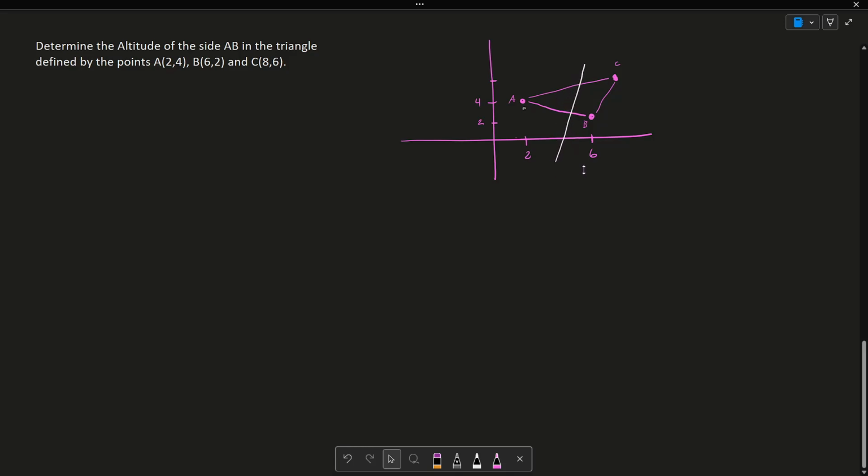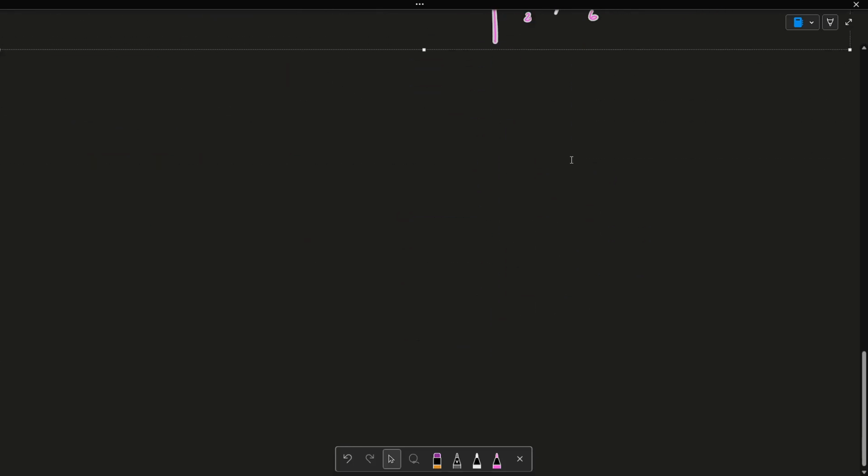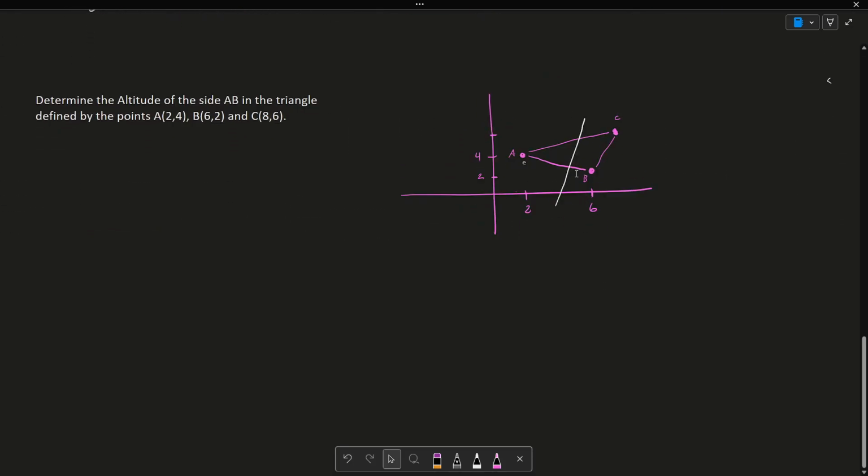I want to make sure it's perfectly perpendicular to AB, so that looks like it is. Now I have to move it until it goes perfectly through C. Then this line is the altitude for AB, because it's perpendicular to AB and it goes through C.